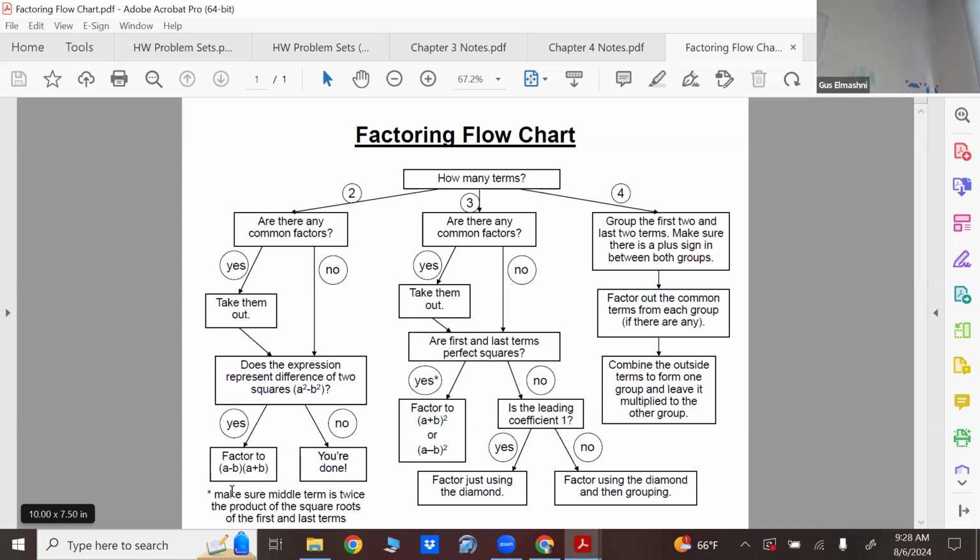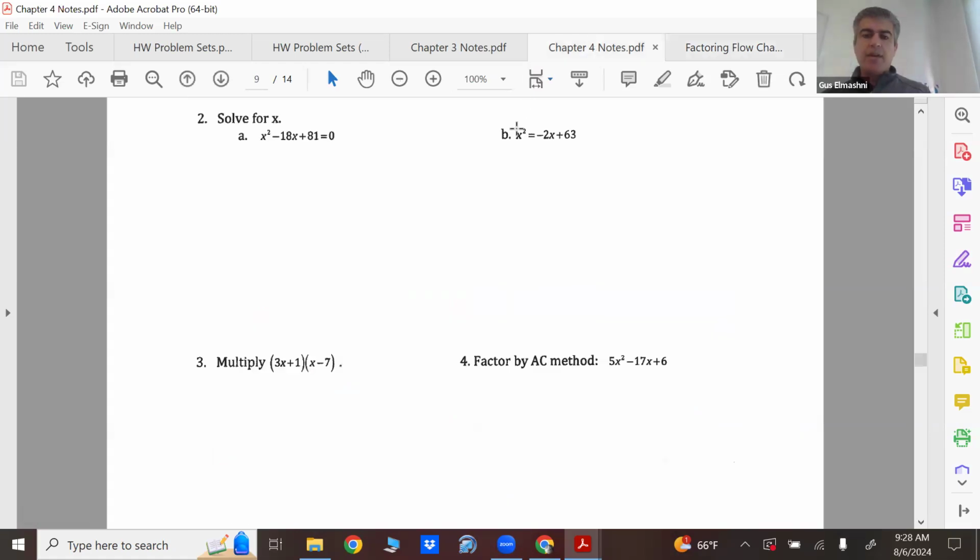What a mouthful. But the square roots of x squared and 81 are x and 9 respectively. Double that is 18x, and that's what we get. So you can just do x minus 9 squared, just square root them, because you're going to get -18x after you FOIL.